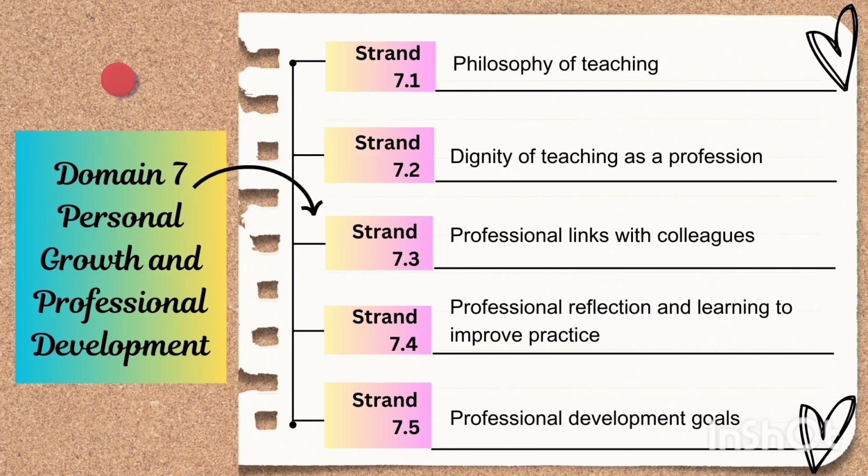So last domain, personal growth and professional development. So strand 1, philosophy of teaching. 2, dignity of teaching as a profession, professional links with colleagues, professional reflection and learning to improve practice, and professional development goals. So these concepts highlight the importance of valuing teaching as a profession, fostering collaboration with peers, and actively engaging in ongoing learning and self-improvement.